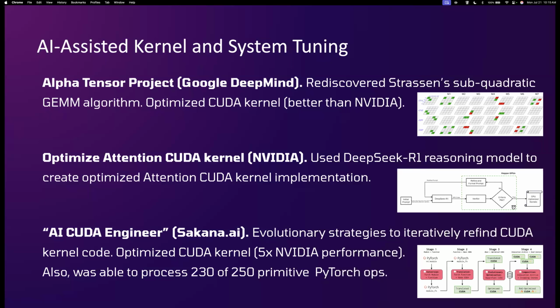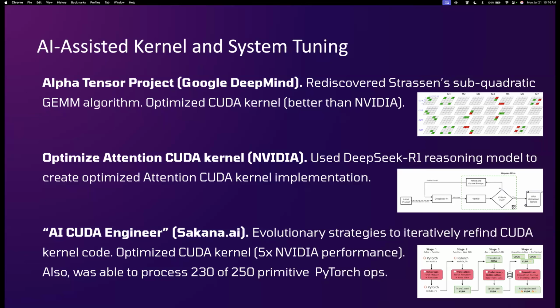The other one too is NVIDIA themselves actually used DeepSeek R1, which is a reasoning model from DeepSeek, to create an optimized kernel for the attention mechanism. The attention mechanism within transformer-based models, all the models we know of today, basically, is a very compute-heavy computation that is basically quadratic, n squared complexity, which is very expensive.